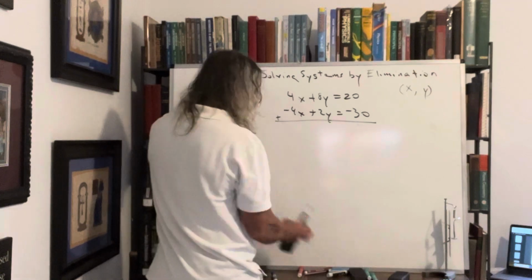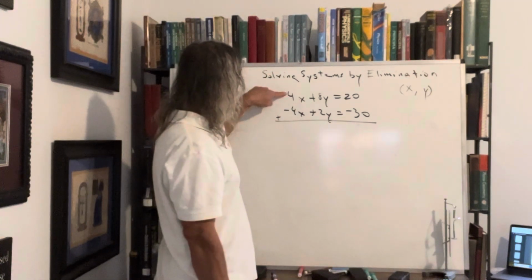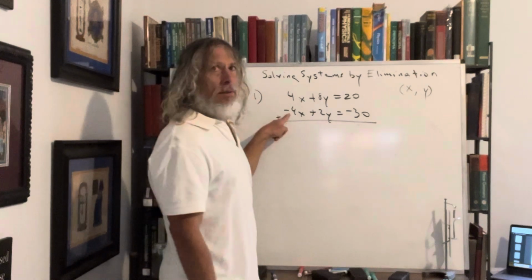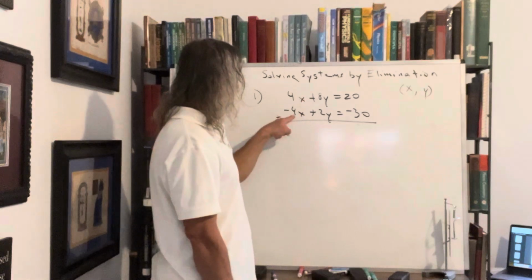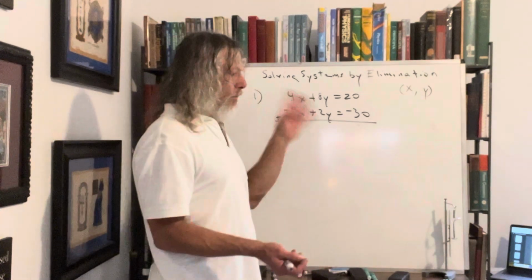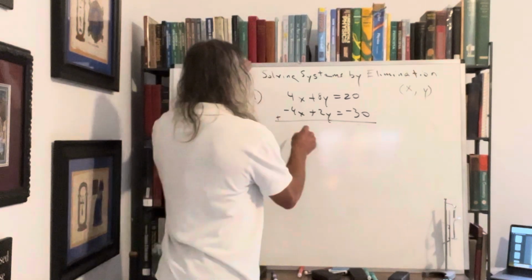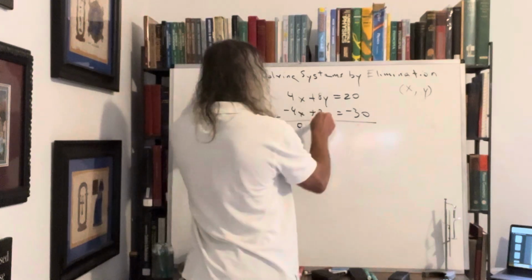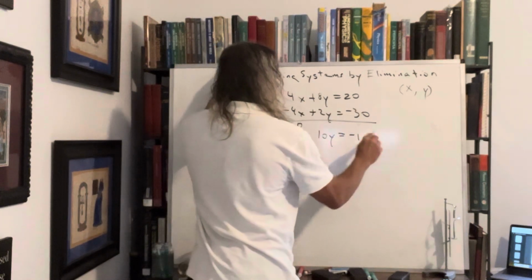And we look at the coefficients. So notice 4 and -4. A number plus its opposite is 0. So we have no x's left. If we have 4x and we take away 4x, gone. They annihilate each other. No x's. Then we add down: 10y is -10.